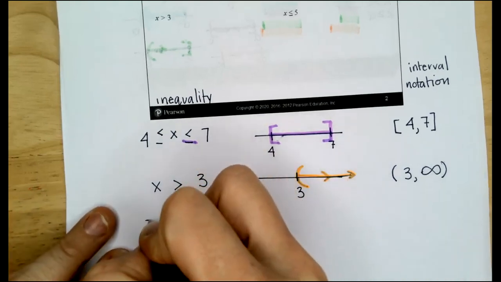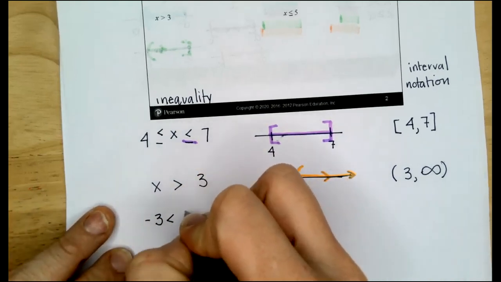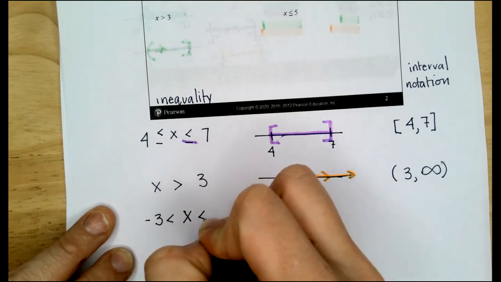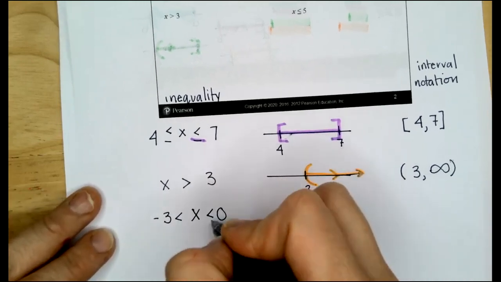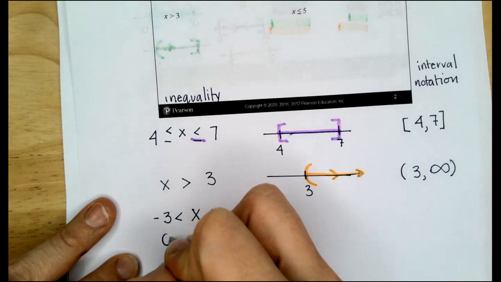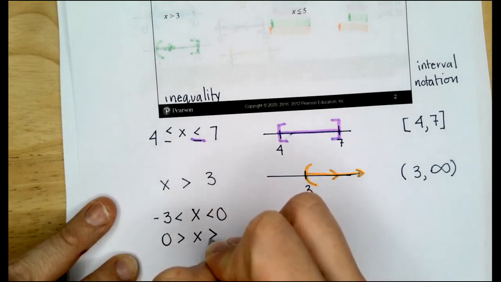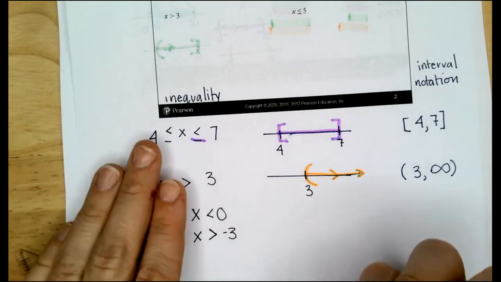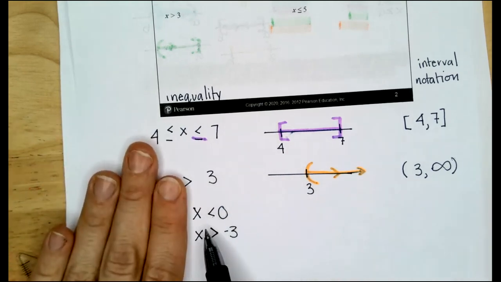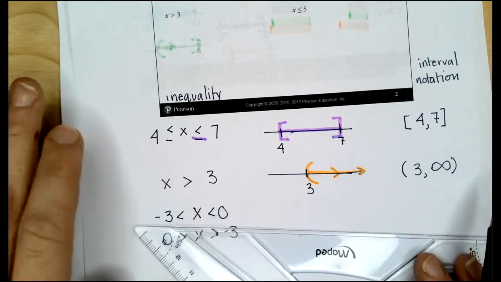The next one we have is -3 is less than x, and x is less than 0. And again, you're welcome to write it like that, and then you can also write it backwards. 0 is greater than x is greater than -3, so that you know that you're looking at x is less than 0 and x is greater than -3, if that helps you.